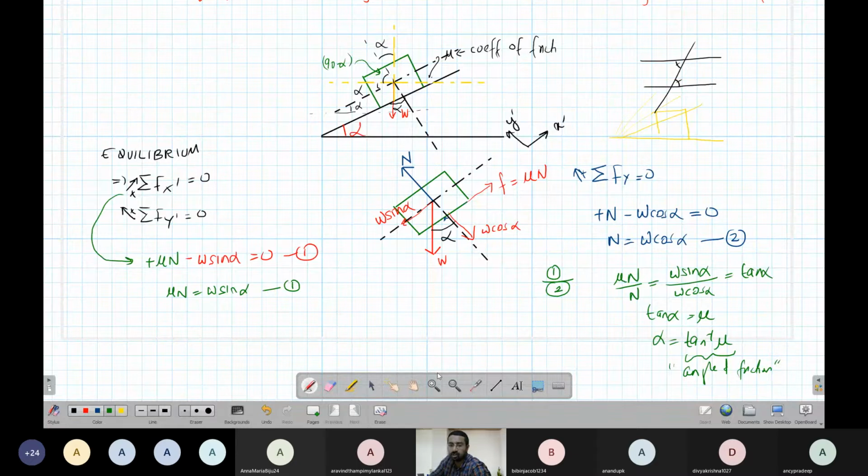So we can conclude that angle of friction and angle of repose are one and the same thing.